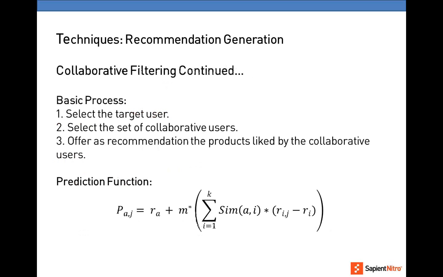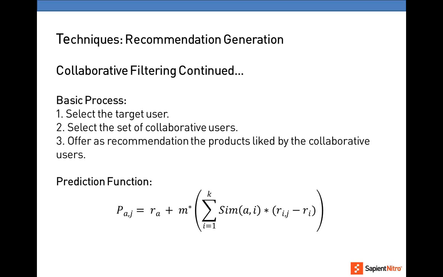Okay, moving on to how the basic algorithm works. We select a target user who is requesting the recommendation, and then we create the set of collaborative users. So how do we do it? We can use similarity metrics to find the collaborative users for this target user.